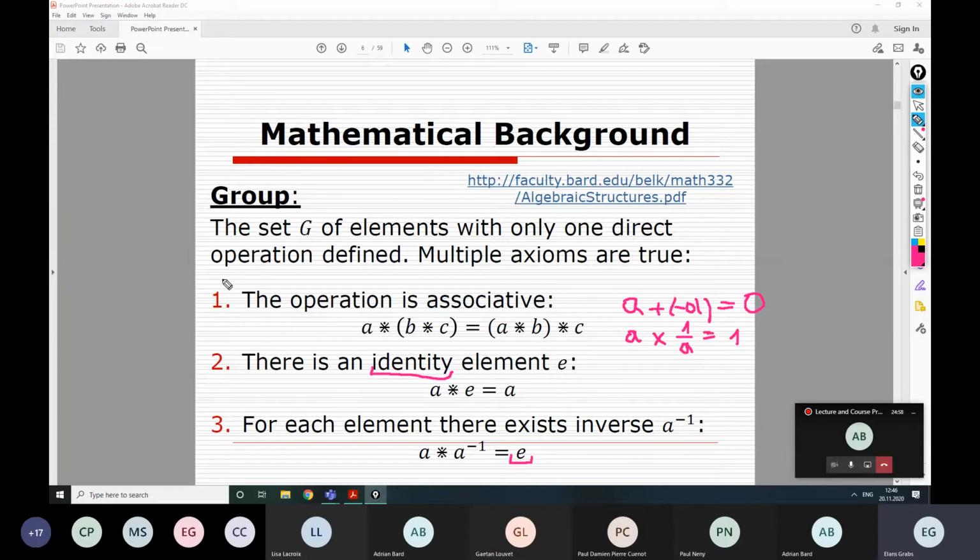If all of these three requirements are true and the set of elements is complete, then that algebraic structure can be called a group.